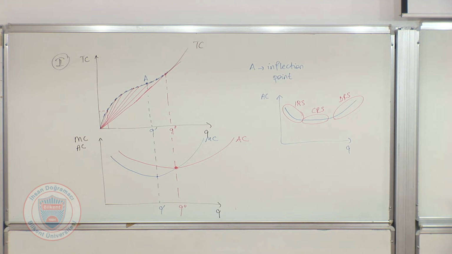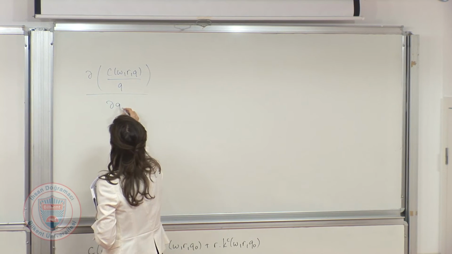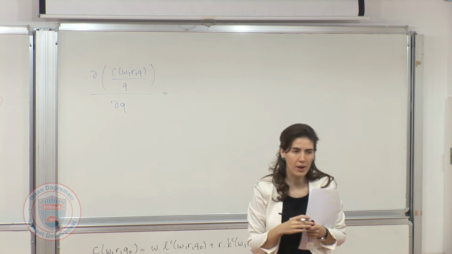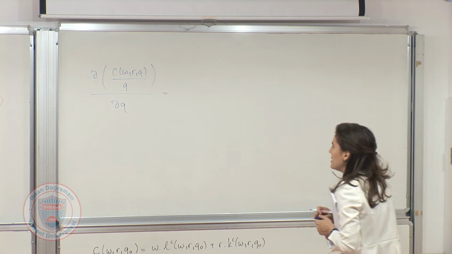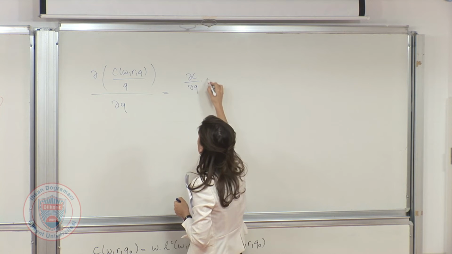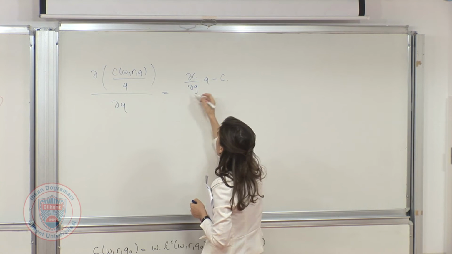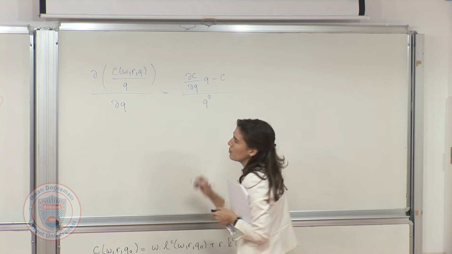So here's what we have. The average cost is, we know, C divided by Q, where C is wage times L plus rent times K. Now I'm going to take this derivative with respect to Q, okay? It's (∂C/∂Q times Q minus C times 1) divided by Q squared, right?